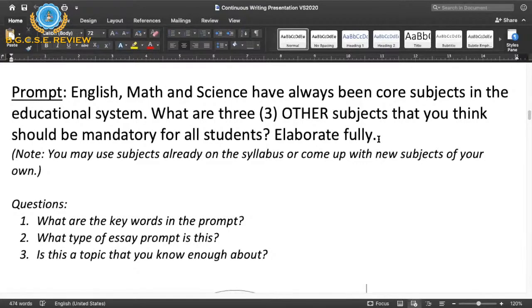Please send some keywords in the chat. We have elaborate fully. Very good. We also have mandatory. Elaborate fully and mandatory so far. What are you elaborating fully on?